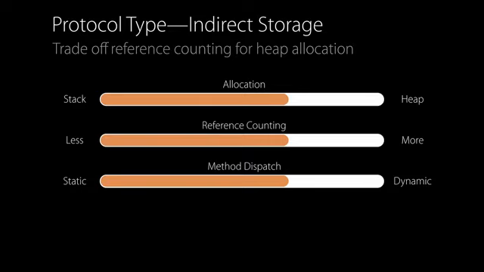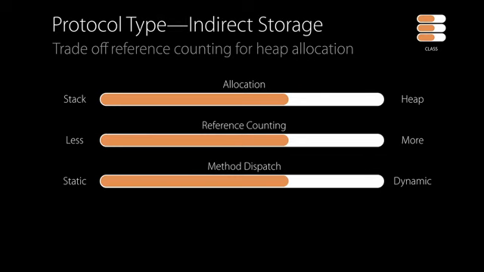Note that this compares favorably to using classes. Classes also incur reference counting and allocation on initialization. It's a good trade-off to make.